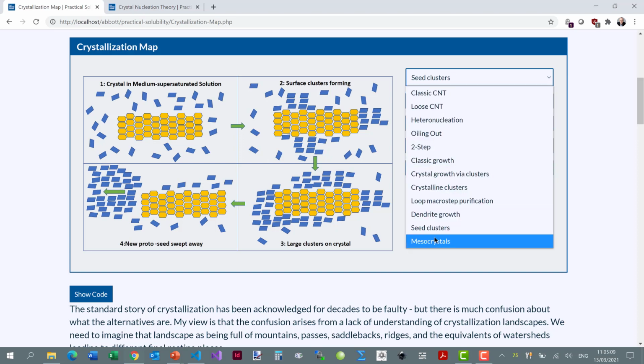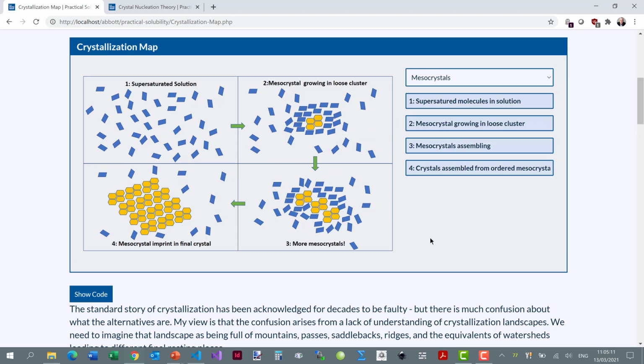And there's one variation, and it takes us back to the opening picture, which was of those big calcium sulfate crystals. If you look at them very closely, they aren't actually very perfect crystals. What happens is that you get mesocrystals growing in a loose cluster, and then you get more mesocrystals growing, and then these mesocrystals come together to form a final crystal. If you do an X-ray of the crystal, it looks like a uniform crystal, but if you look very closely, you find that there are little nanoclusters coming together to make this mesocrystal form.